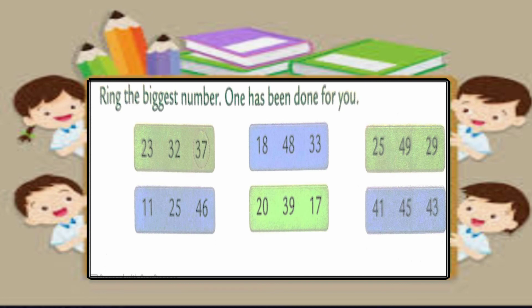Then 18, 48 and 33 as well. Observe this and tell me which is the biggest number. Yes, 48 is the biggest number, so we have to make a circle around it. Then we have 25, 49 and 29 as well.